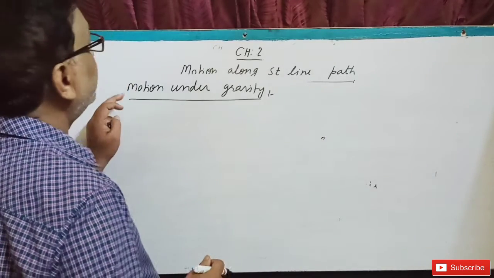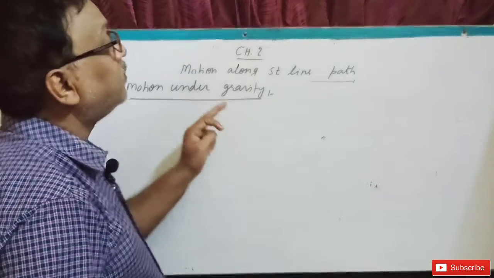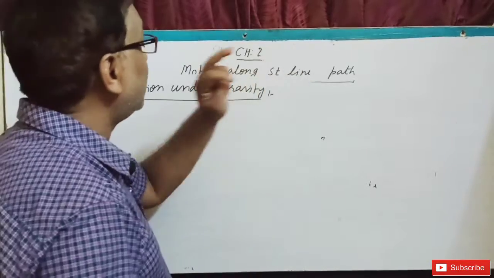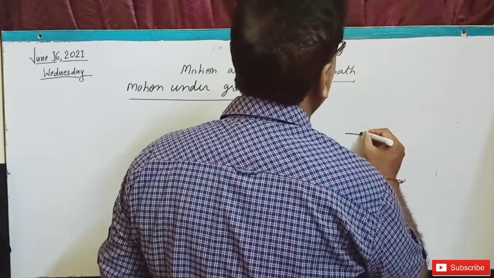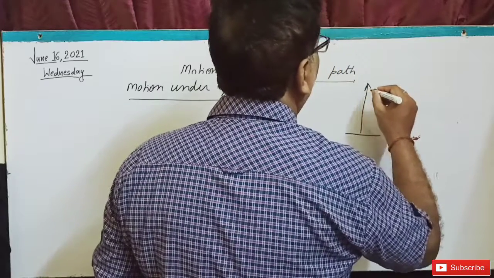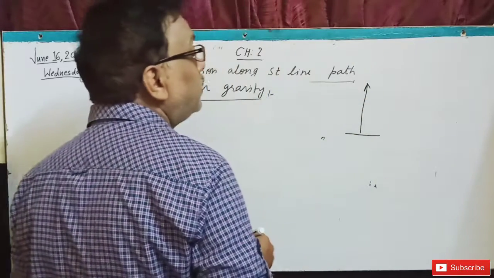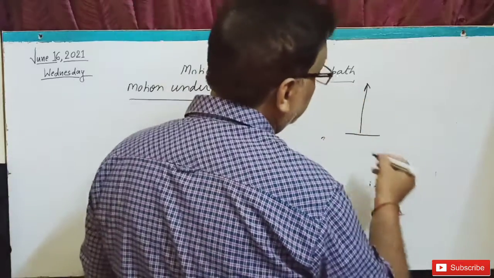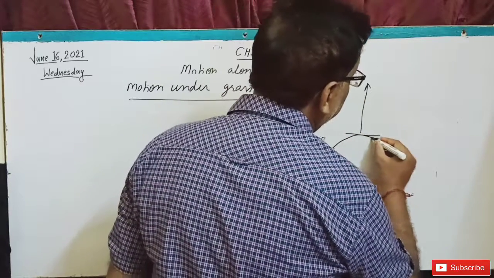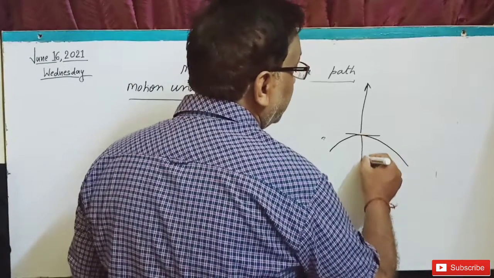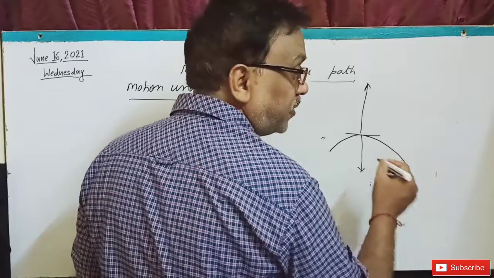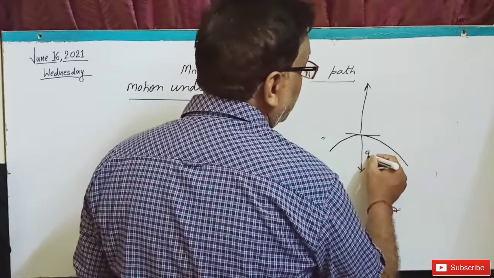Now we discuss about motion under gravity. It is also along the straight line path, but now the object is moving opposite to the gravitational field or along the gravitational field. As you know, the gravitation is always towards the center of the earth.